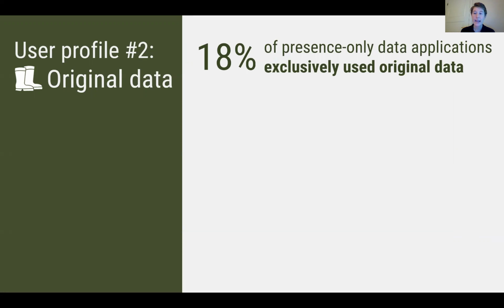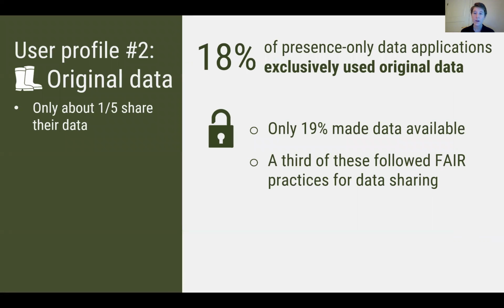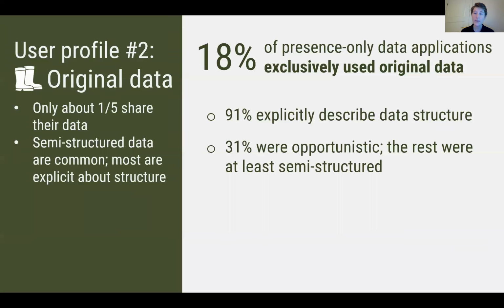Next, we can take a look at the 18% of our articles that used exclusively presence-only data collected by the authors themselves. Only 19% of these articles published their full data sets. But on a positive note, the majority explicitly described the sampling design behind their data.